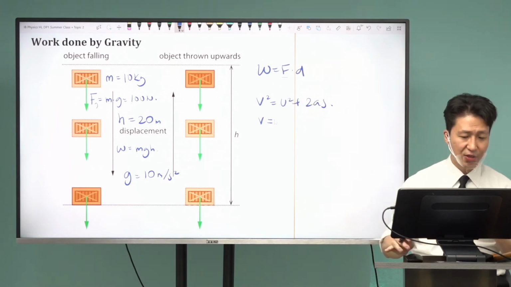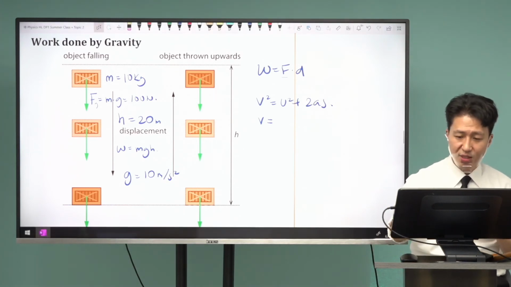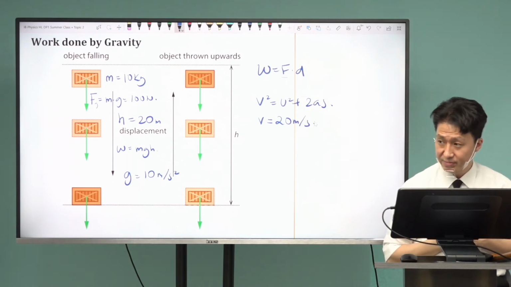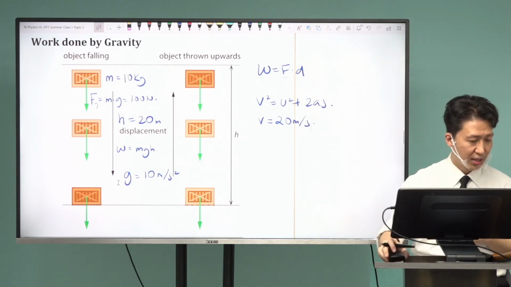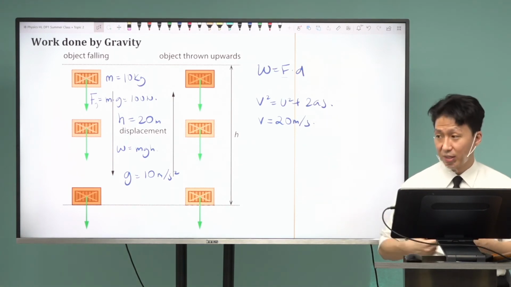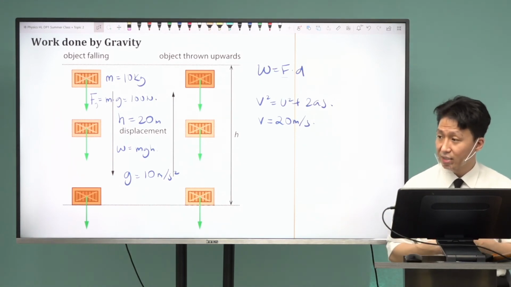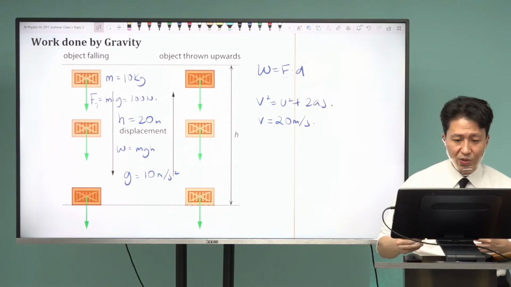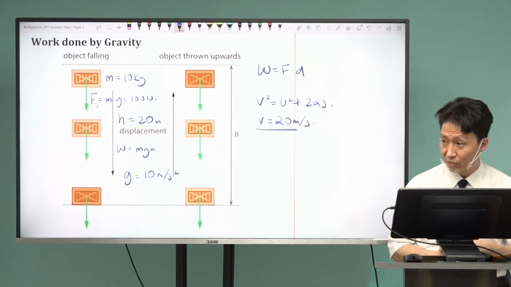And we have an answer here, and the answer given was 20 meters per second, right? Okay, so this is absolutely correct, 20 meters per second. It falls for 2 seconds, right? If it falls for 2 seconds, it will also go down 20 meters. So this is the first method we used, right?